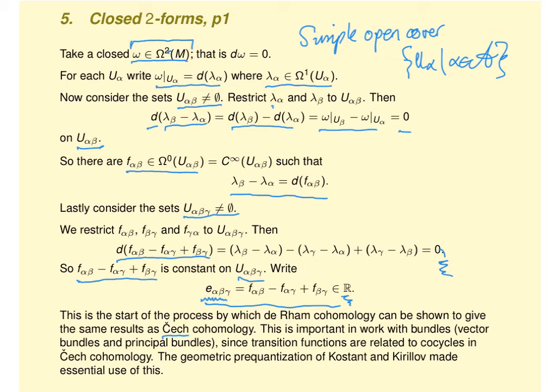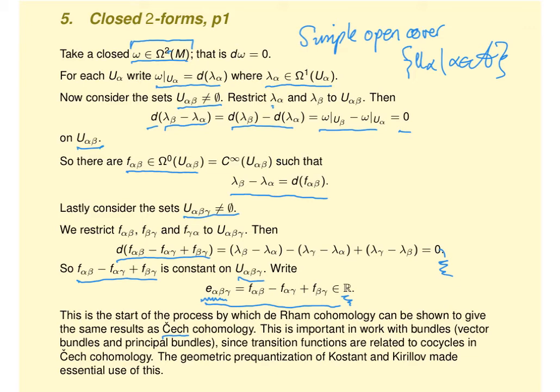Or they can be done in terms of path lifting and holonomy, and those are things that live in singular cohomology. Or they can be done in terms of charts and transition functions and things like these e alpha beta gamma here, and they live in Čech cohomology. And the fact that these three cohomology theories are equivalent and that you can pass back and forth between them in dealing with specific elements rather than just the classes is important geometrically.